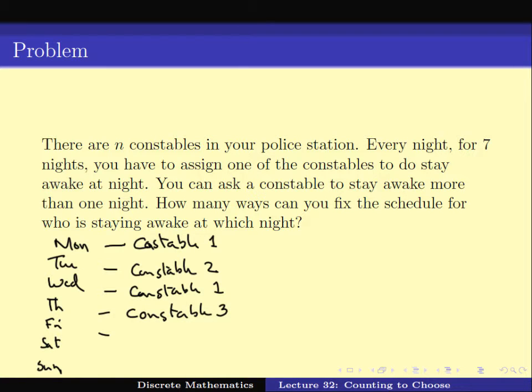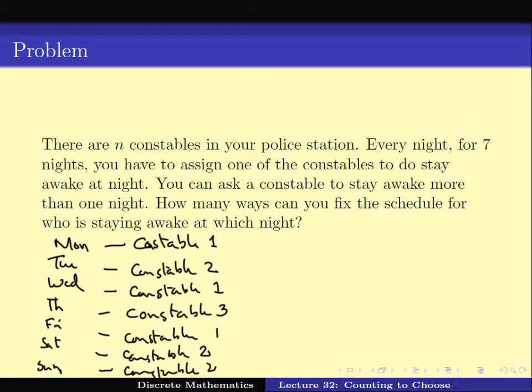On Friday, maybe I can again ask constable number 1. On Saturday, maybe constable number 2, and on Sunday also constable number 2. Now this is a possibility, right? This is one way of assigning constables 1, 2, 3 to the 7 days.